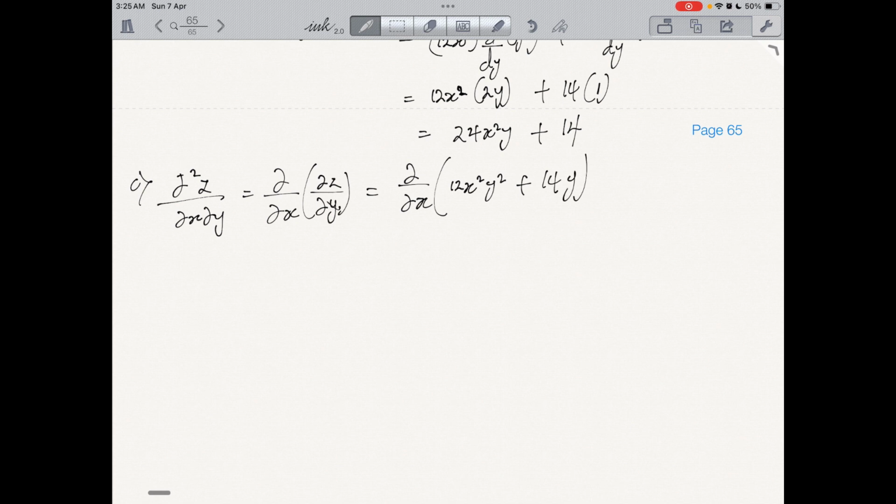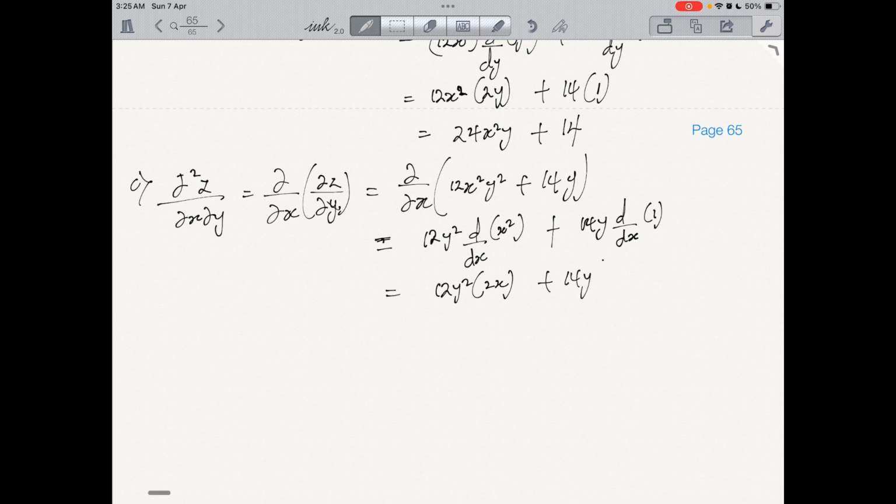Now, when we are differentiating this, we understand that our y is kept constant. So we have 12y squared with a full differentiation of x squared plus 14y with a full differentiation of 1. And that will give us 12y squared multiplied by 2x plus 14y multiplied by 0. This gives us 0, and our final answer will be 24xy squared.